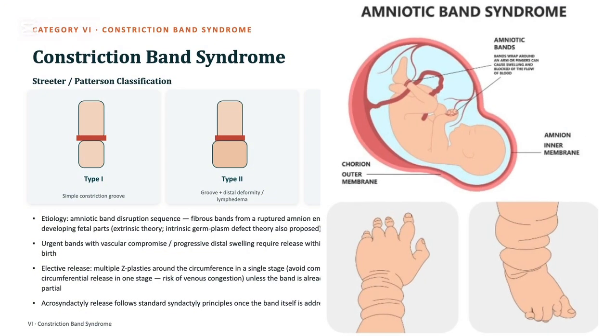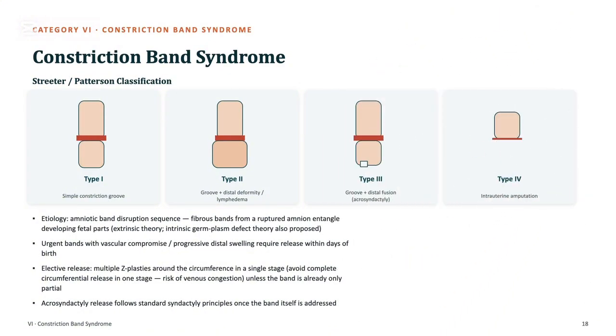This band encases or surrounds the upper limb, lower limb, whatever it surrounds, and causes deformity. It is divided into 4 types. Type 1, simple groove. Type 2, distal lymphedema with more grooving. Type 3, groove with distal fusion. Type 4, intrauterine amputation.